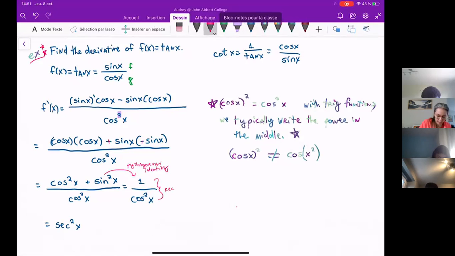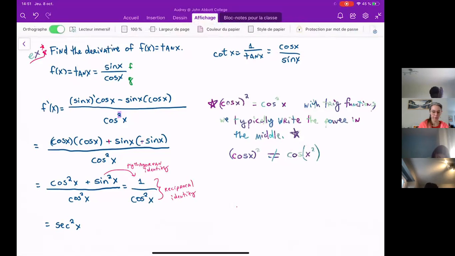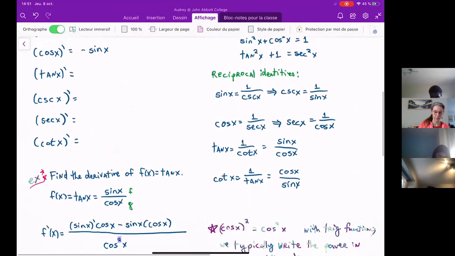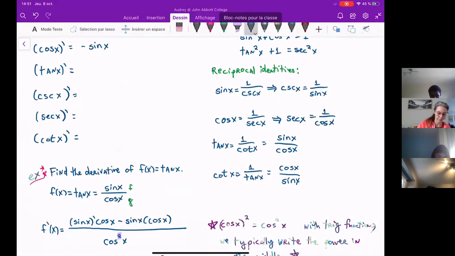So we use our reciprocal identity now. And the answer is that the derivative of tangent is secant squared. We were able to find that by using a mixture of the quotient rule and the trig identities. So I'm going to go fill that in up here. We'll go back down in just a second.